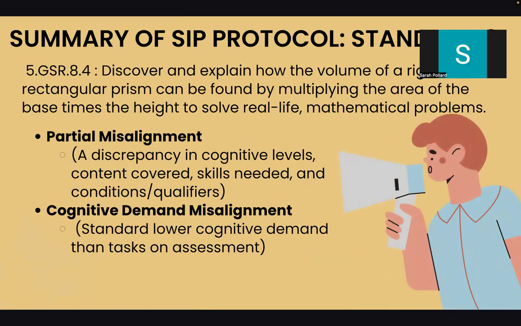Overall, the misalignment lies in the lower cognitive demand of the standard compared to the tasks on that assessment. For example, students may know how to calculate the area of the base, and based on the number of layers of height can determine the total volume. But the task requires students to manipulate the dimensions of the base when the height is halved, and then justify their reasoning for the change in dimensions, and this requires a higher cognitive demand.